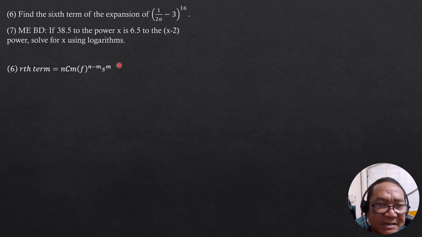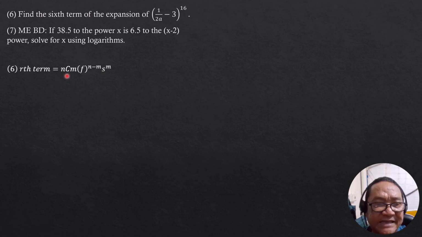I set up this in this form so that you can also use this formula in binomial probability or probability in repeated trials. You just go over that formula in the playlist Engineering Review Materials in Mathematics.